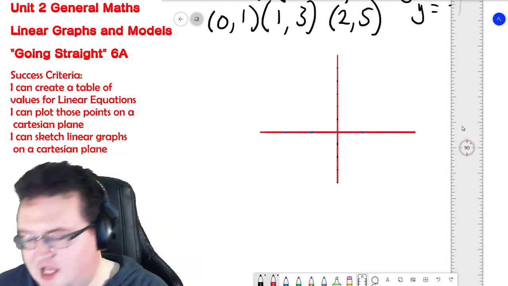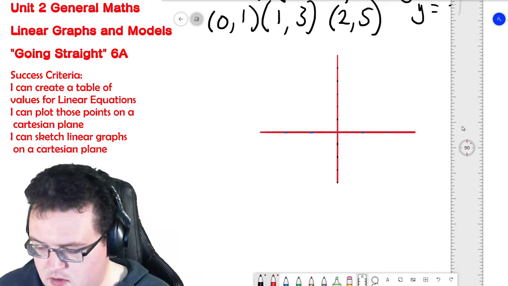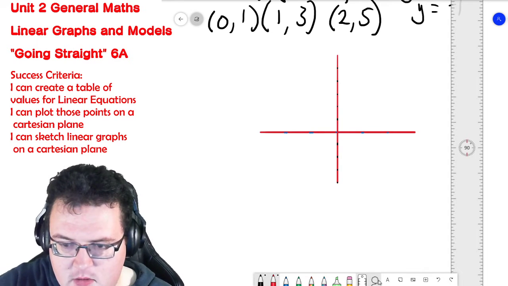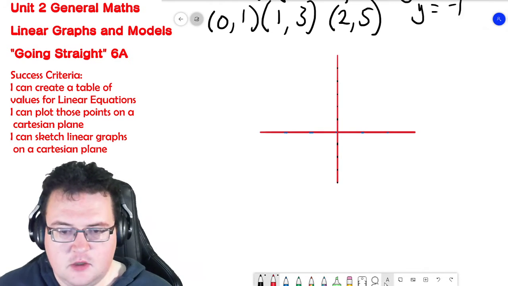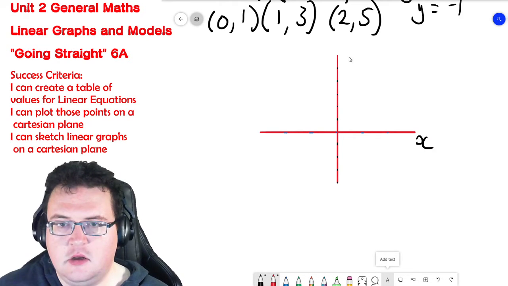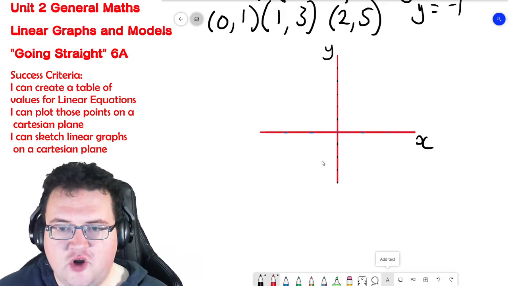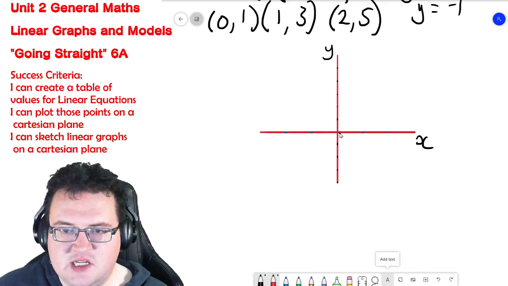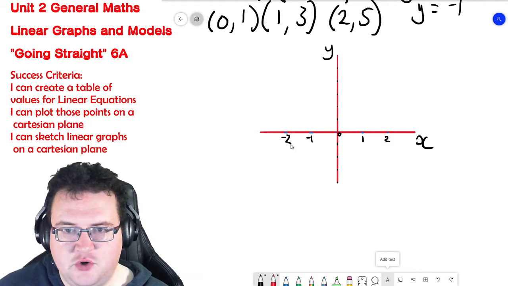So what I have here is a set of axes. Put the ruler away. I have my x and my y, and the way I've got it marked is 0 is in the middle here. This is 1, this is 2, and then I've got -1, -2.